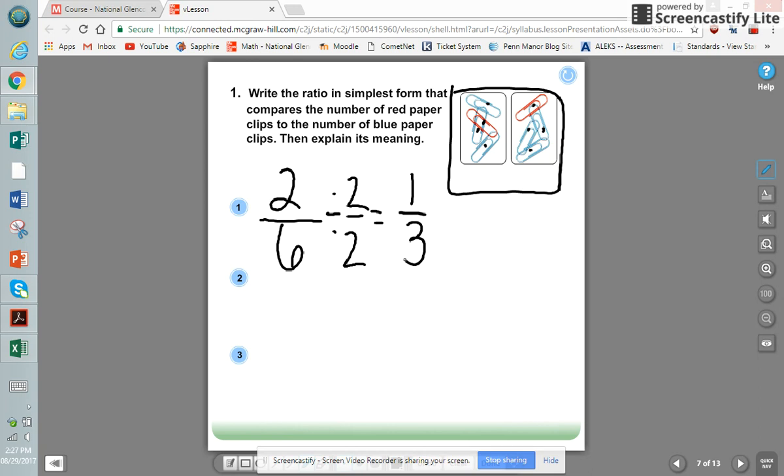We could say the ratio of red to blue, in simplest form, is 1 to 3. Explaining its meaning, for every 1 red paper clip, when I'm sorting them this way, there should be 3 blue.